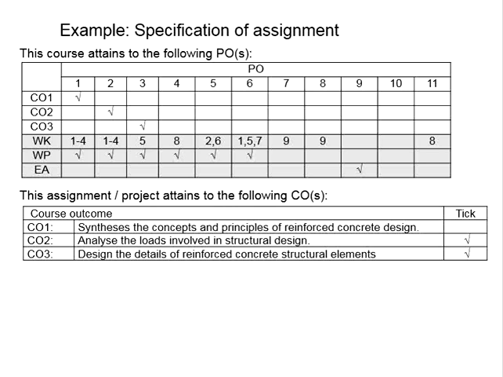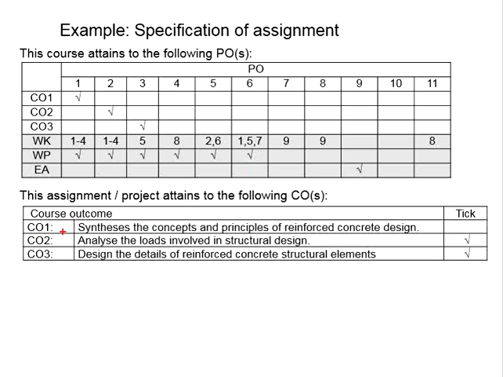Now, different teaching and learning activities and assessments may deal with different course outcomes. So you will have to plan your teaching and learning activities and the assessments in order to attain the respective course outcomes accordingly, which in this case, this assignment is designed to fulfill course outcome 2 and course outcome 3.